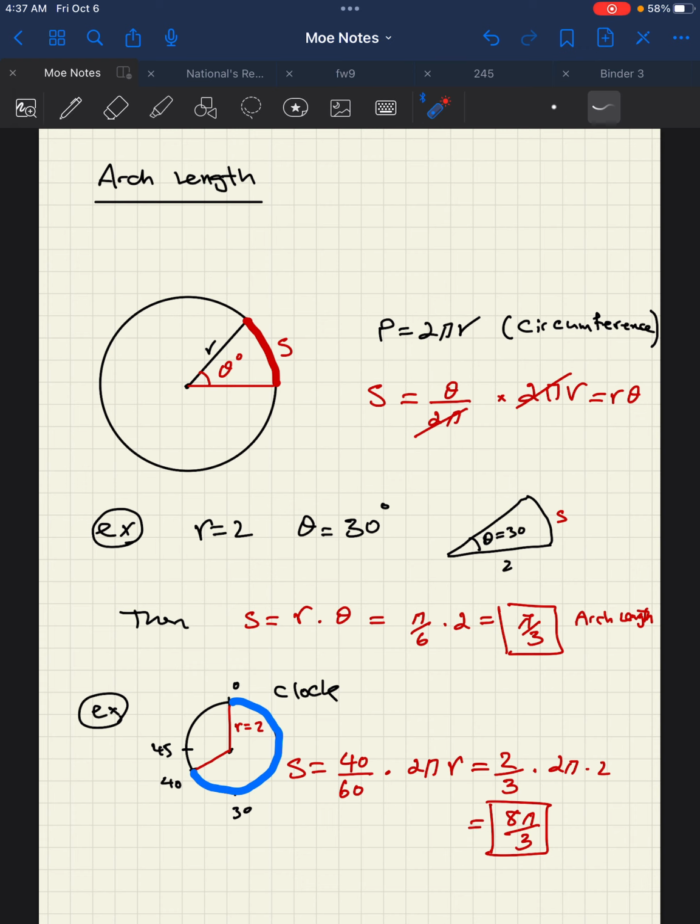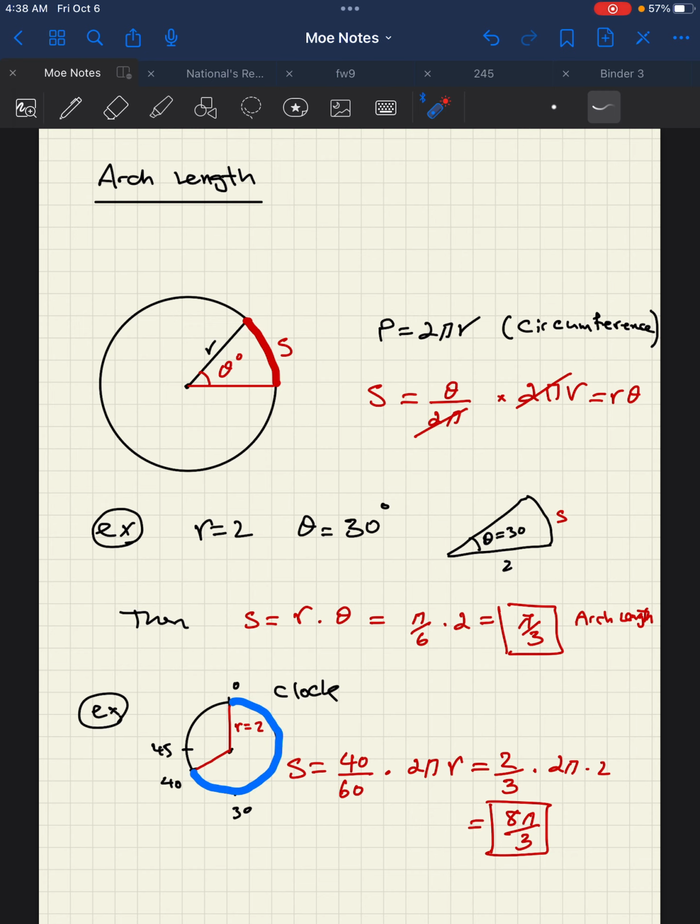Now you had a question that you sent, and it says that you have a clock, and let's say the radius over there I think was 1.2, but I just do a 2 here for simplicity, and it's going 40 minutes. So just imagine a clock has 60 minutes and you're going only 40 minutes of it.